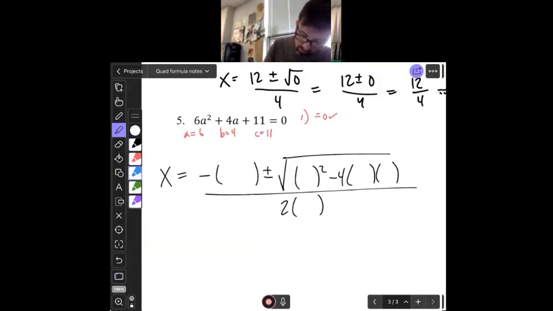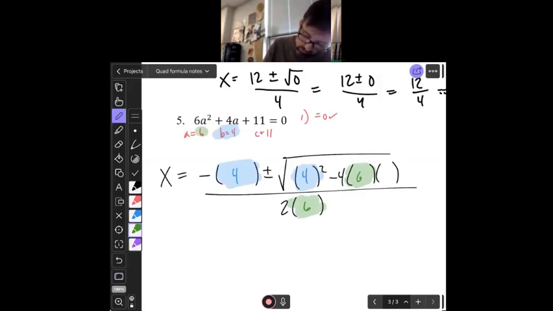First bubble is always my B value, and then the second bubble is always my B value. So 4 and 4. Next bubble is always my A, and then the bottom bubble is always my A. So then I get a 6 and a 6, and the last bubble is always my C. So I get my 11 there.